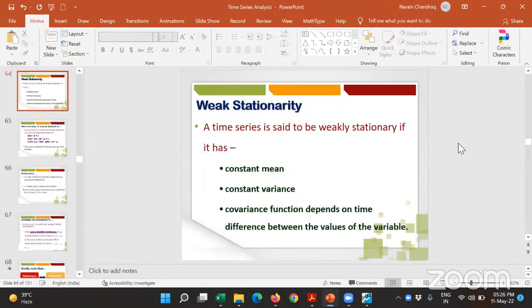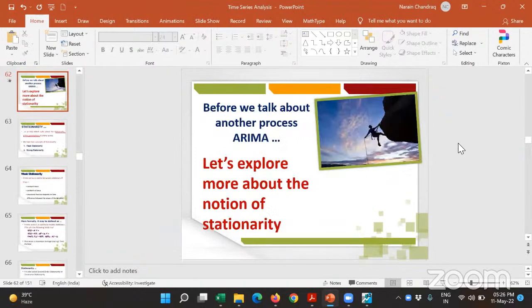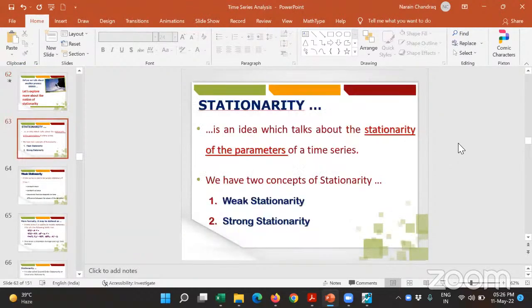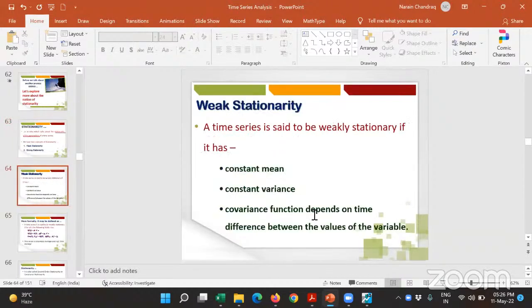I talked about stationarity as a concept, and there are two levels of understanding of stationarity. One is weak stationarity, and the other is strong stationarity. Weak stationarity talks about only the two moments, mean and variance, or rather covariance. So, constant mean: a time series is said to be weakly stationary if it has a constant mean.